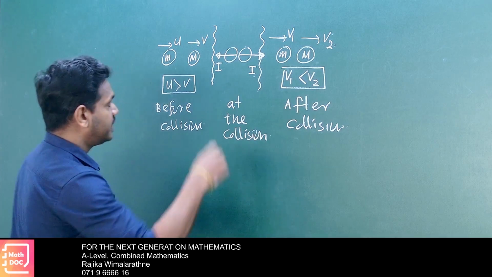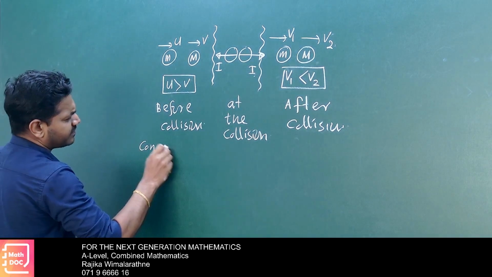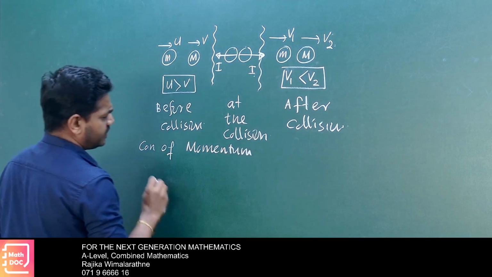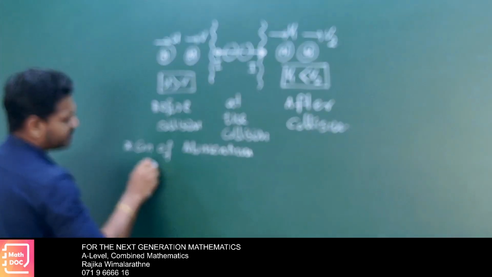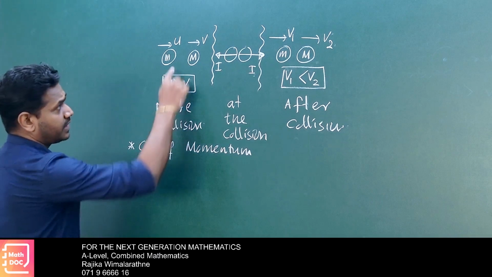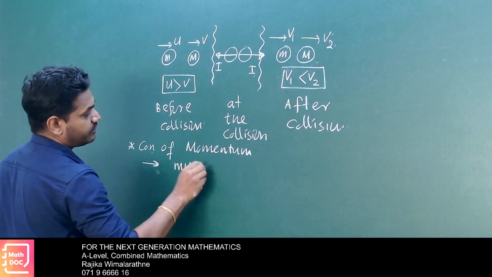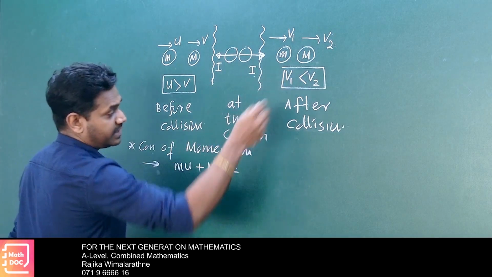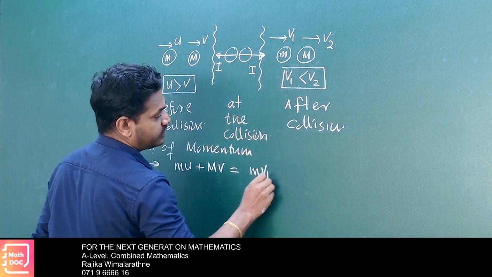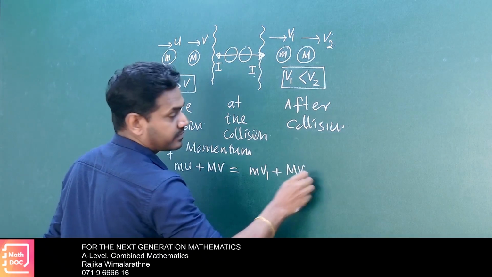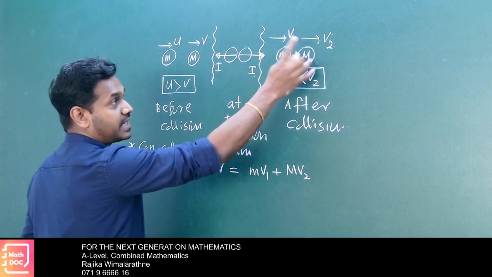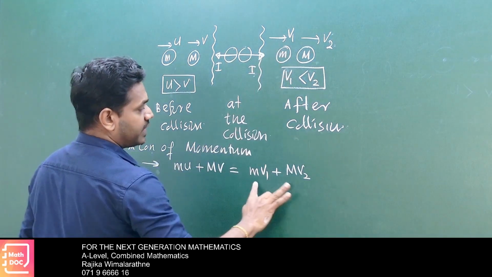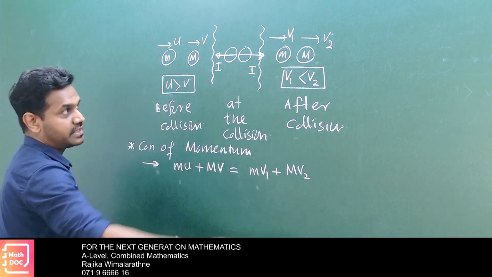Okay, this is the collision. Then conservation of momentum. We need to use this along a certain direction. Then small m into u plus capital M into v is the initial total momentum. After collision, total momentum is m v1 plus capital M v2. We have two different techniques to find v1 and v2. This is one. Final momentum equals initial momentum along the same direction.